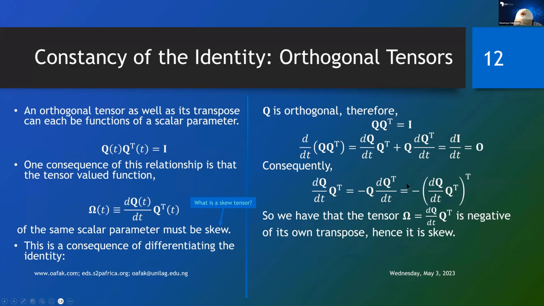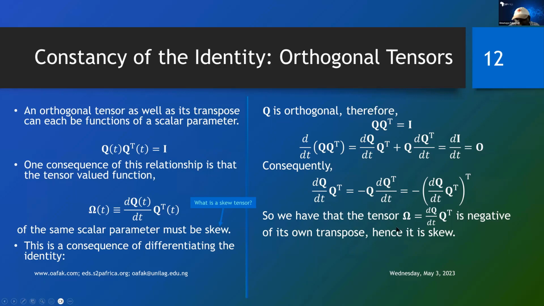If you look at this expression here, you will see that it is the same as this expression here. The expression in brackets here are the same. It means that if you define omega as dQ/dt Q^T, that tensor you get is exactly the same thing as the negative of its transpose. If a tensor is the negative of its transpose, then that tensor is skew, antisymmetric.